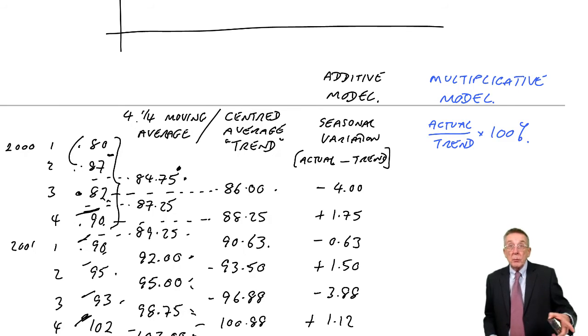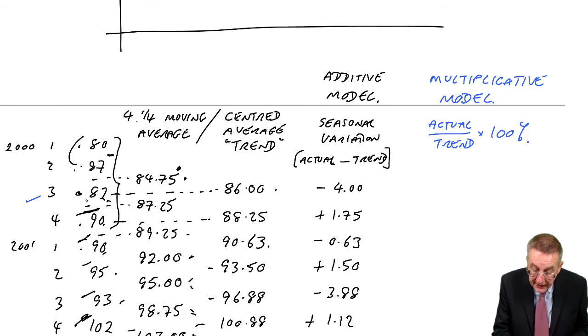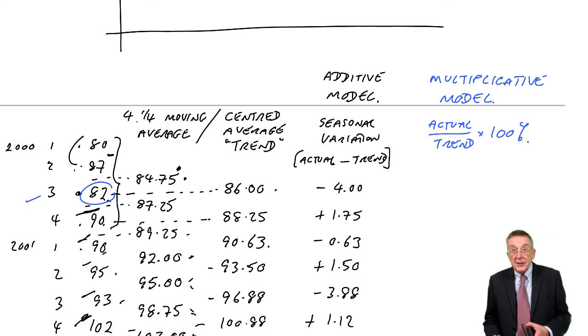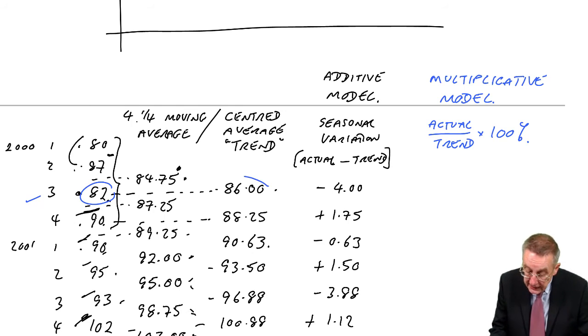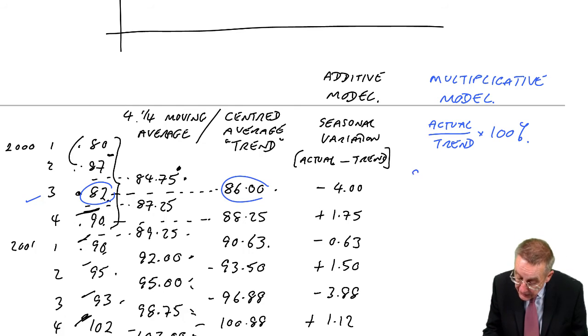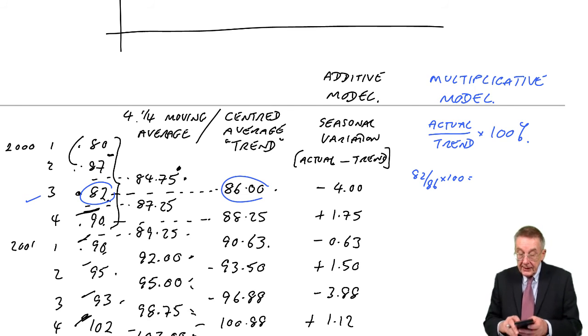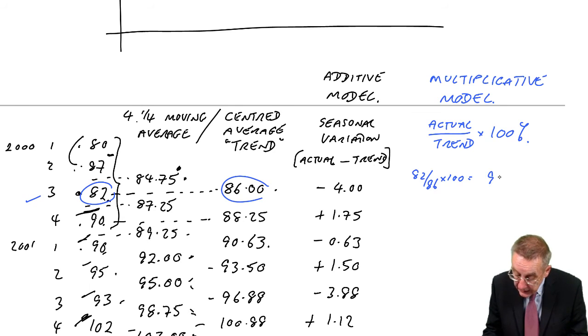Again, we can't do anything for quarters 1 and 2, but quarter 3, the actual was 82, the trend was 86, so 82 over 86 as a percent is 95.35%.